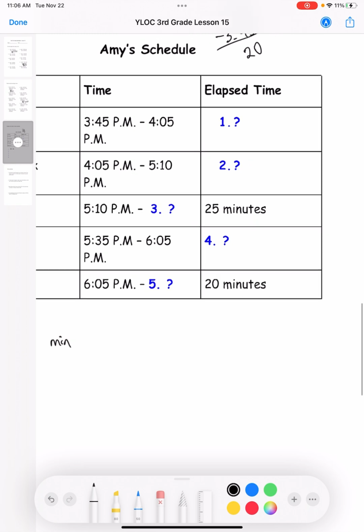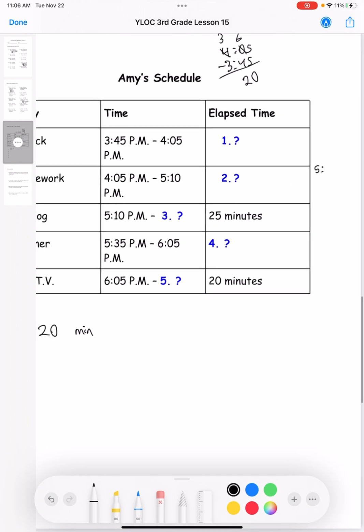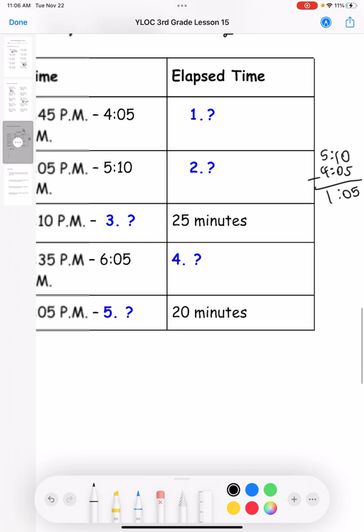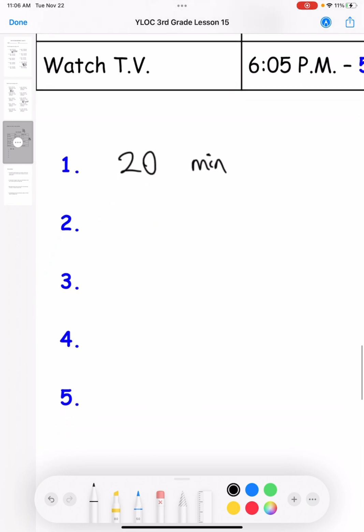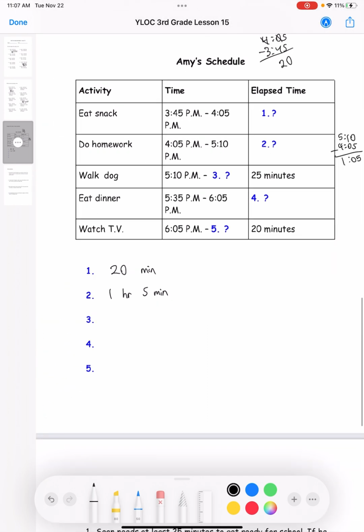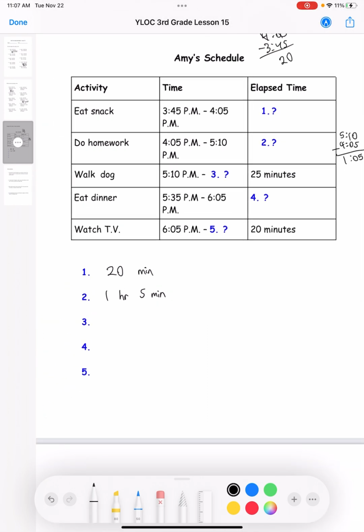For number 2, homework, 5:10 p.m. minus 4:05 p.m. Then we'll get 1 hour 5 minutes. Next, we have walking the dog.